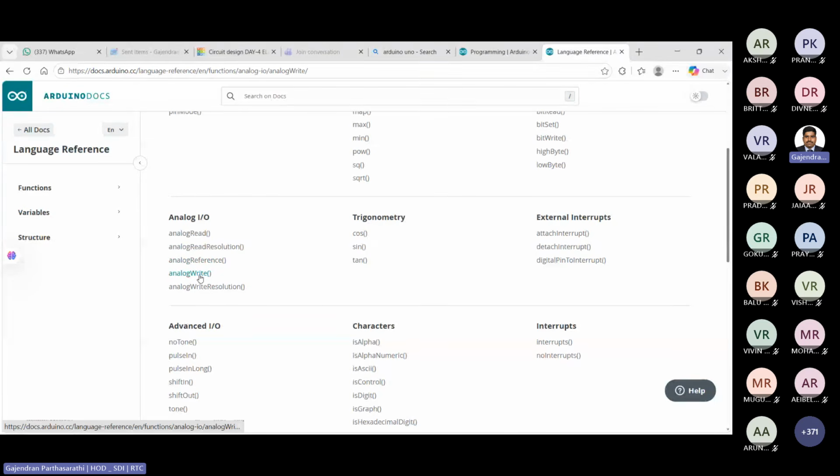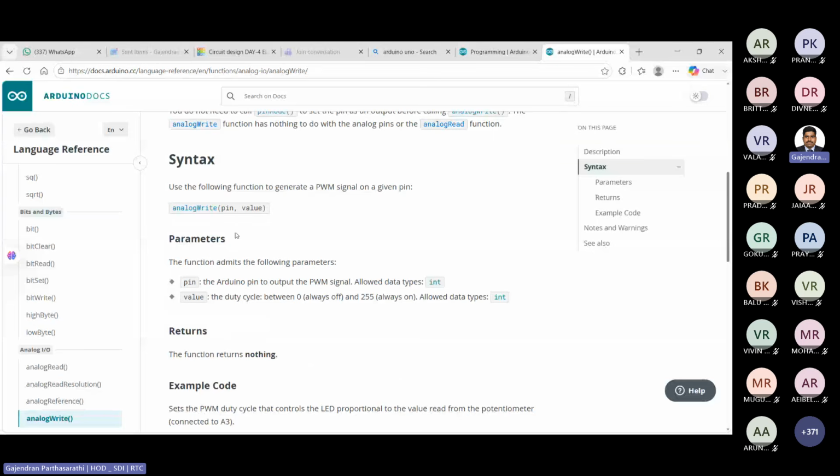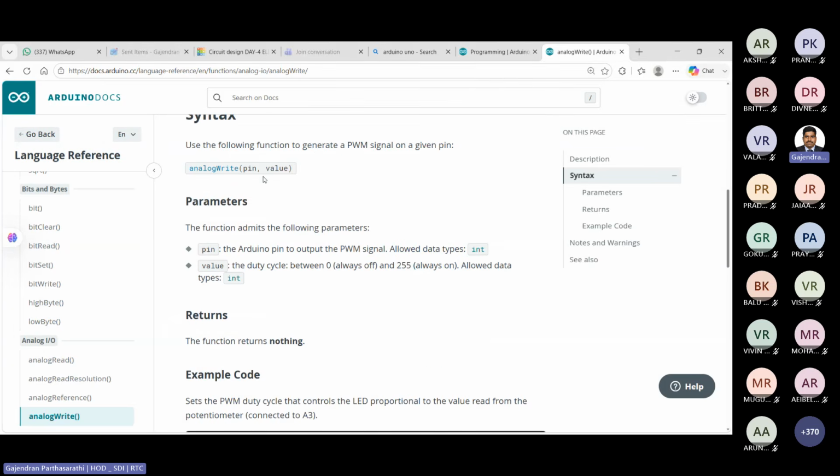Click analog write. The analog write syntax is given very clearly. Please go through this. For the analog write function, again we need to pass 2 variables. One is the pin, another one is the value. What is the range of the value given here? Please check, engineer. 0 to 255.